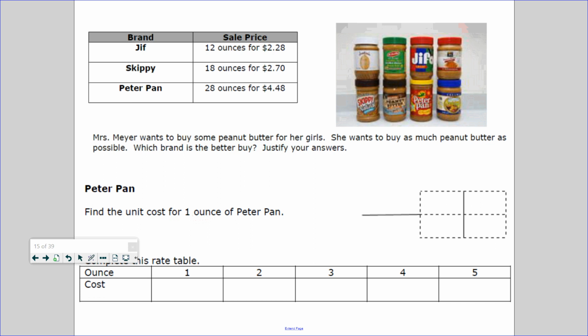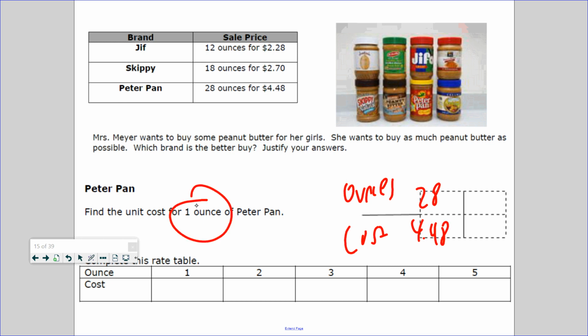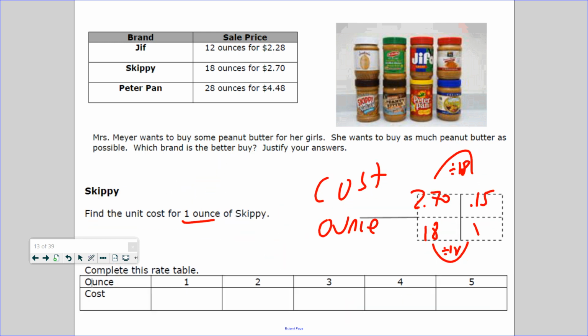And for Peter Pan, this is ounces and cost. 28 ounces costs $4.48. How much does it cost for 1 ounce? So I need to divide by 28, divide by 28, and 448 divided by 28 is 16 cents. So as you can tell, the cheapest peanut butter by far is Skippy, 15 cents an ounce.